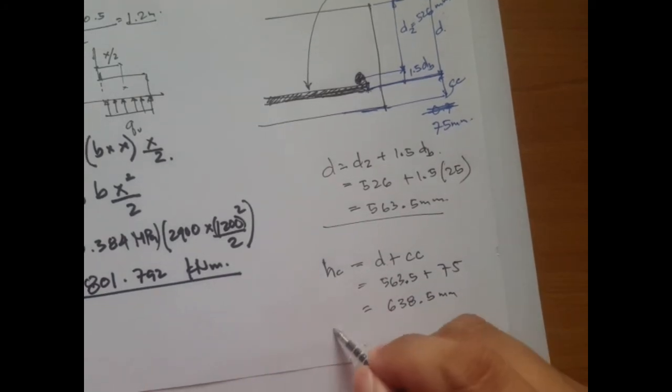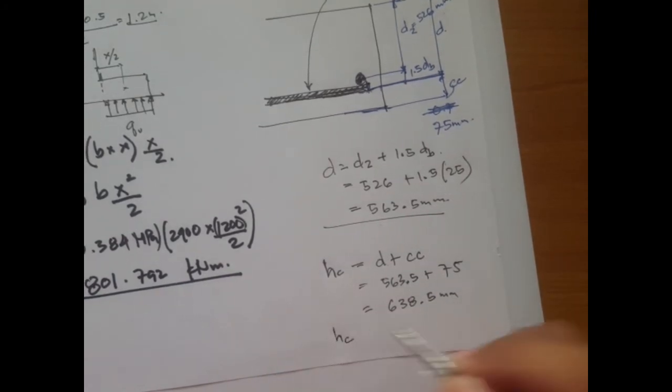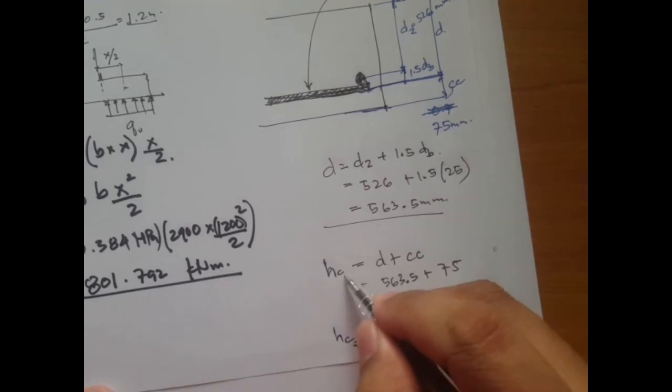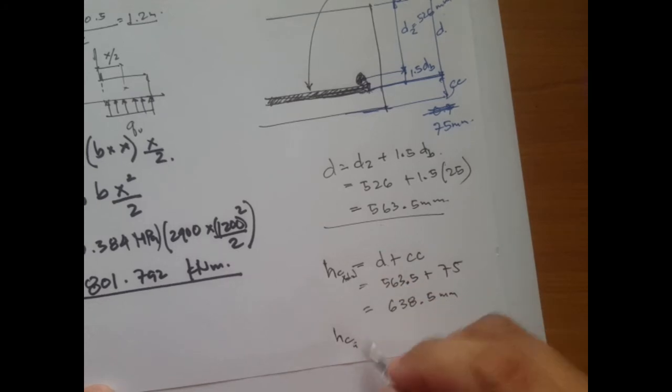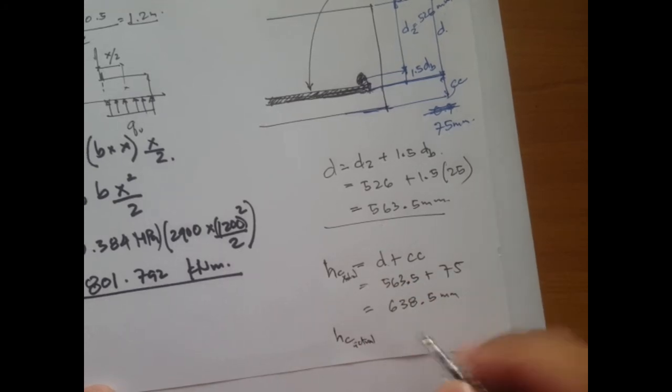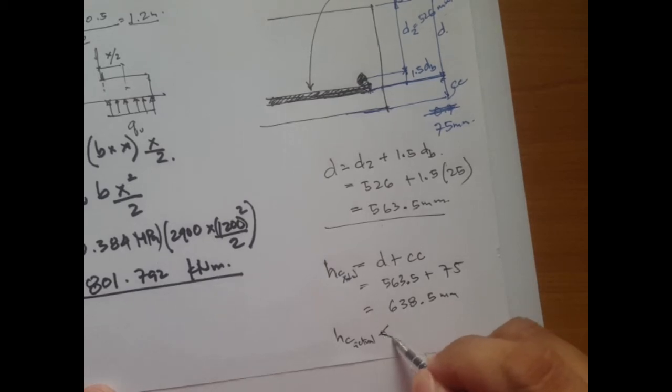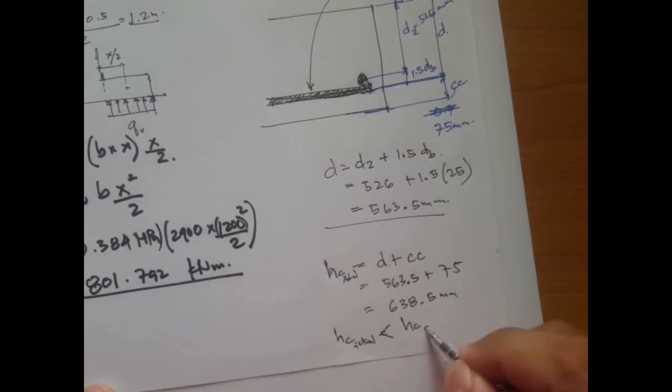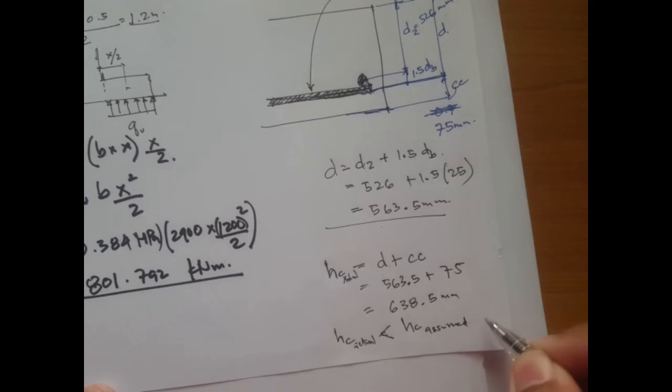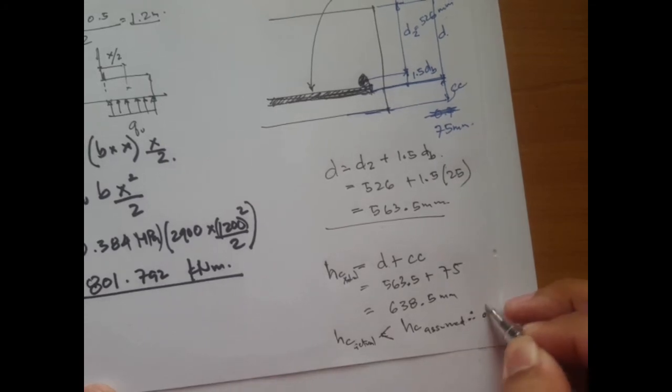If we compare this HC actual to the one that was assumed earlier, it's less than our HC assumed. So therefore, it's okay.